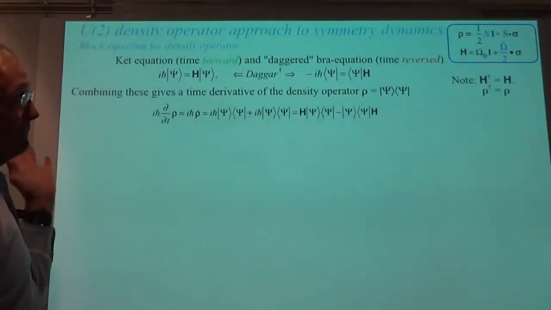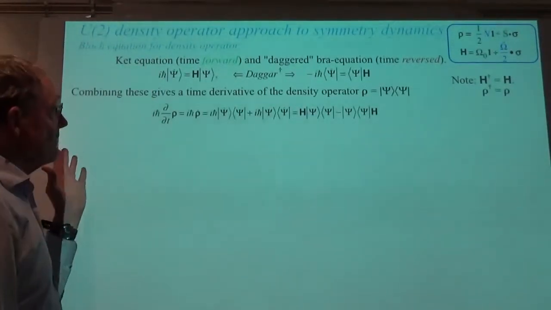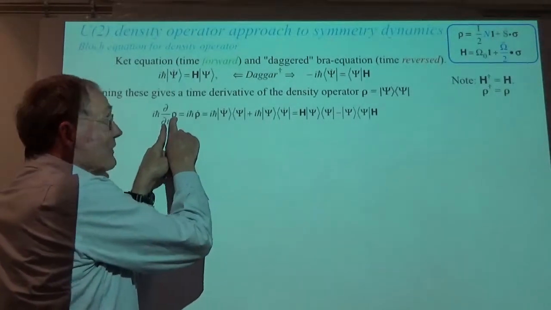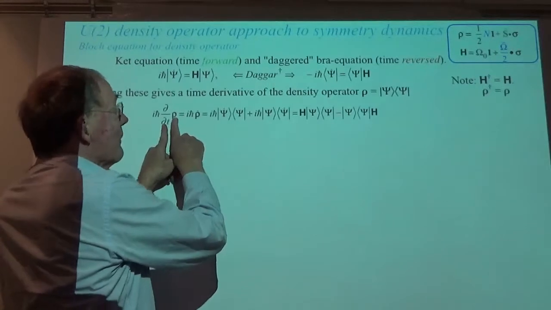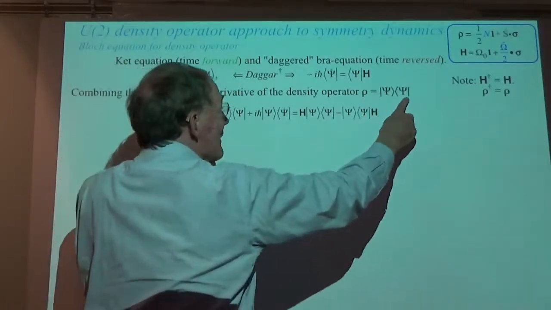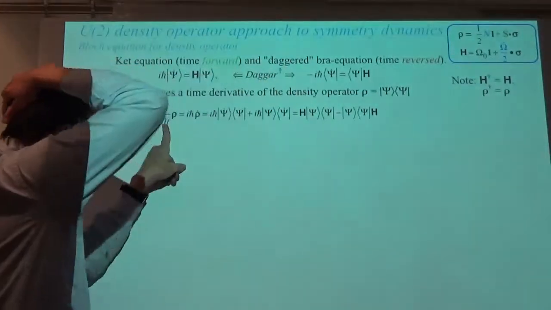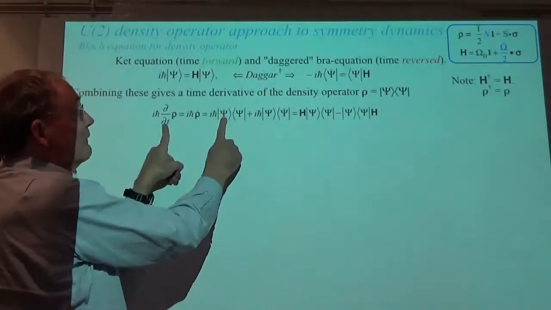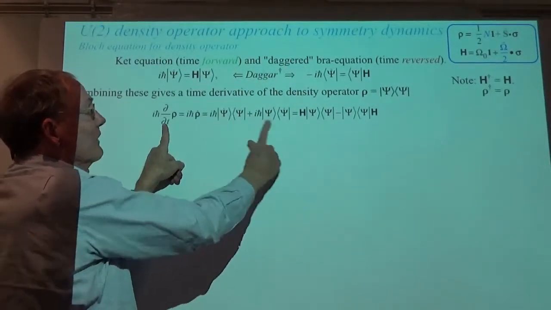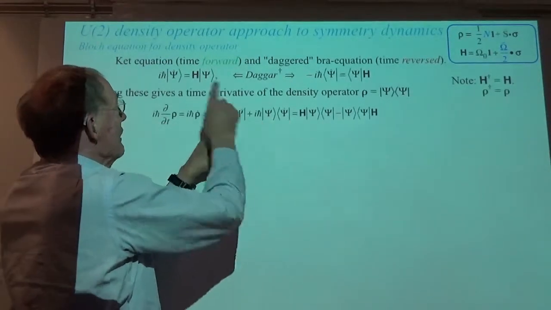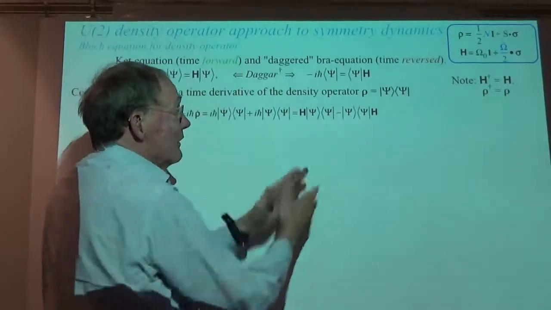Put these together. The idea is that if I take the partial derivative of the density operator, that is the partial derivative of this knuckle to knuckle ket-bra, I get two terms. One's the derivative of the ket, and the other's the derivative of the bra. Both of which have equations of motion which we put together.